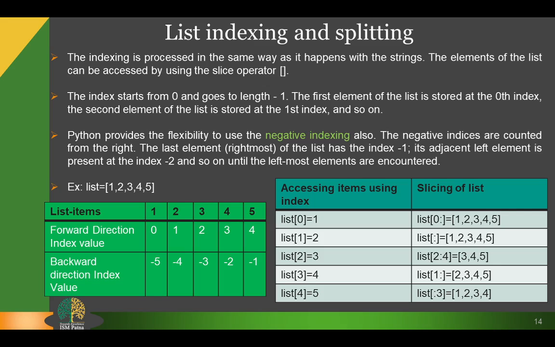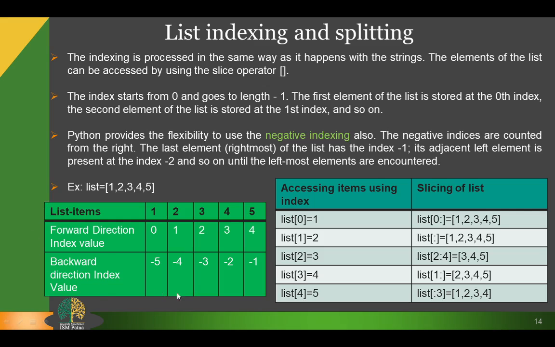So the first element of the list has index 0 and the last element of the list has index length minus 1, or minus 1. If we want the positive index, then we use length minus 1, and if we want to traverse the list in the backward or reverse direction, you can use minus 1, minus 2, that is negative index values.